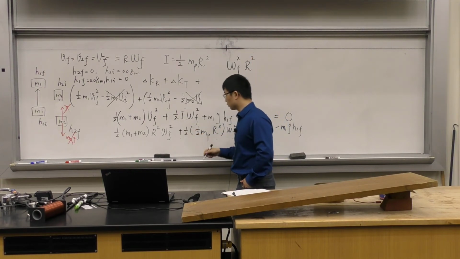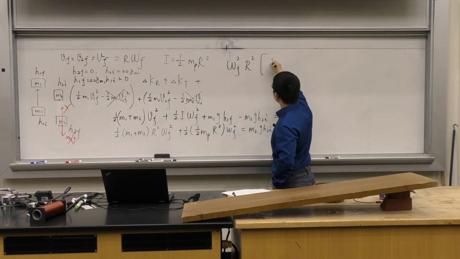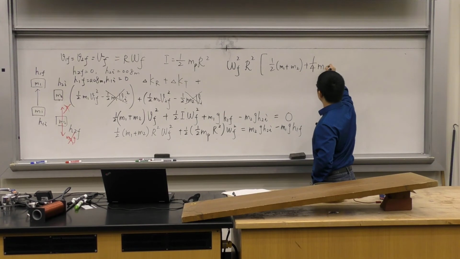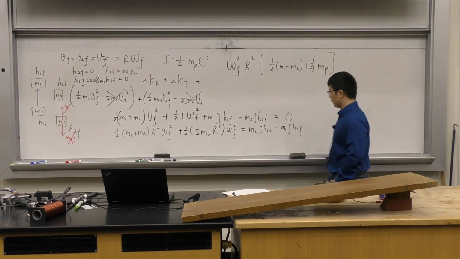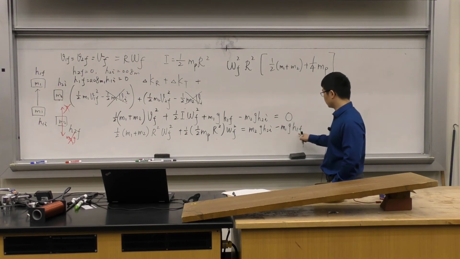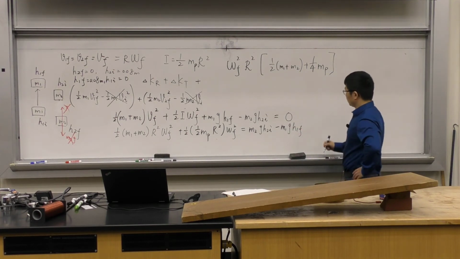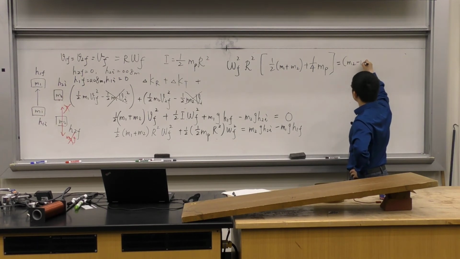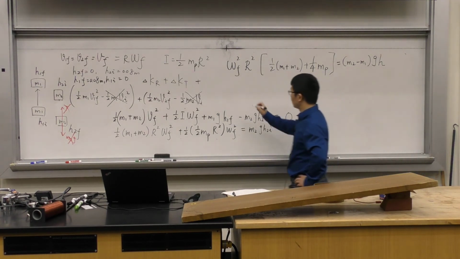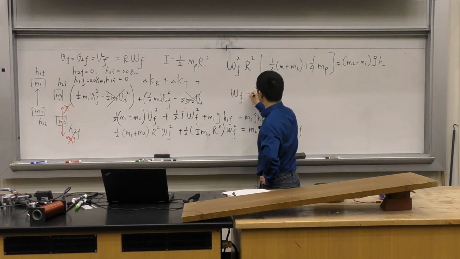Each term has r squared, and then 1/2 (m1 plus m2) plus 1/4 M pulley, right? And then because these two heights are the same, I'm just going to call them h, okay? So you will get (m2 minus m1) g h. Right? And then you just divide both sides by everything and then take a square root.